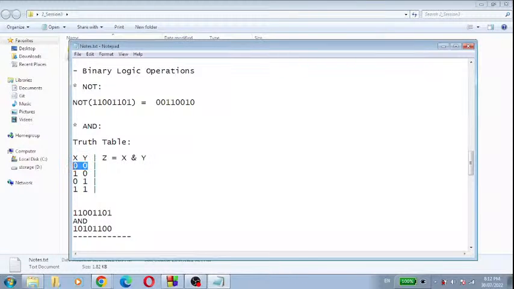When you make this operation, 0 ANDed with 0 is going to be 0, 1 and 0 is going to be 0, 0 and 1 is going to be 0, 1 and 1 is going to be 1. So that's it. This is called the truth table for the AND operation.